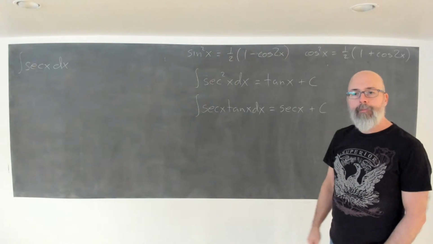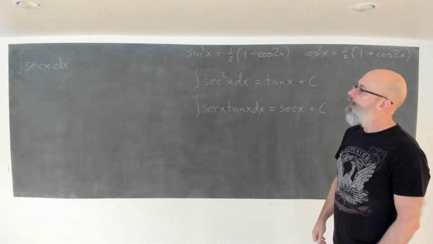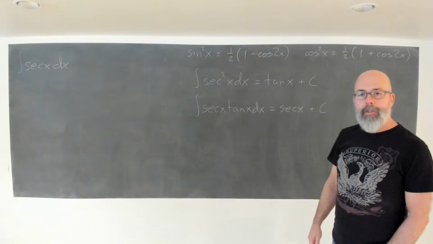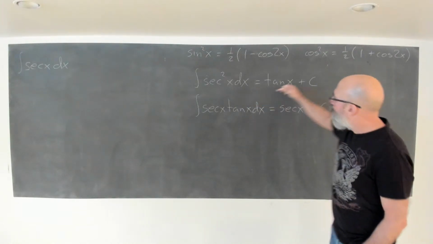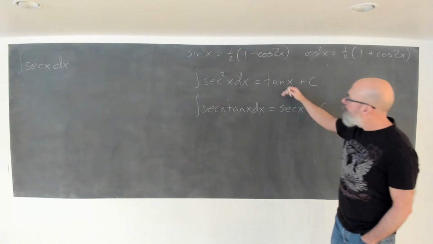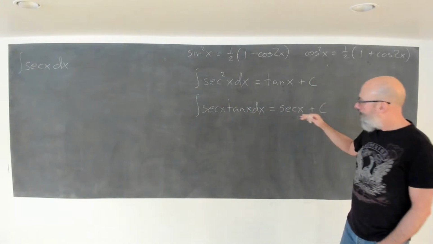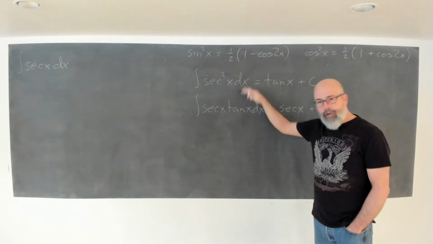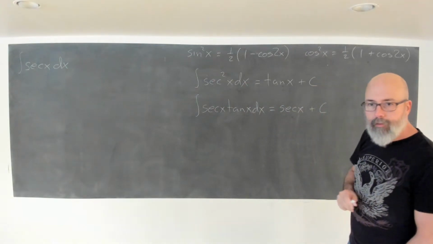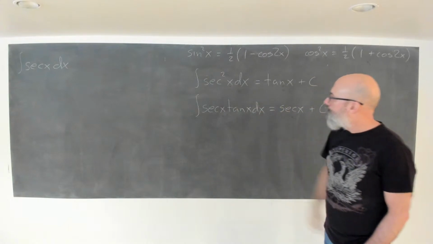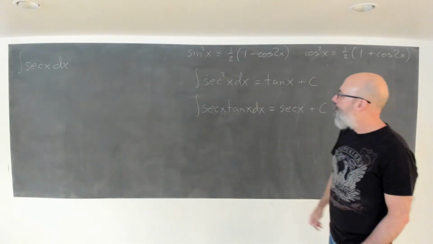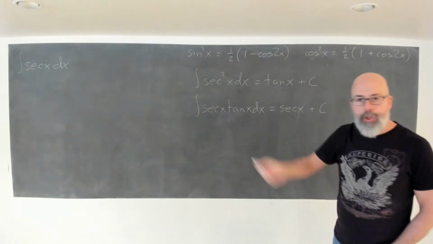Integral of secant. Not so easy. First of all, these you can take for granted. These are known antiderivatives, and of course, I'm not going to ask you for these integrals on an exam as a question on their own.